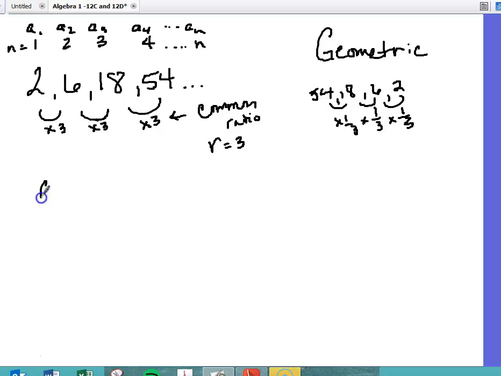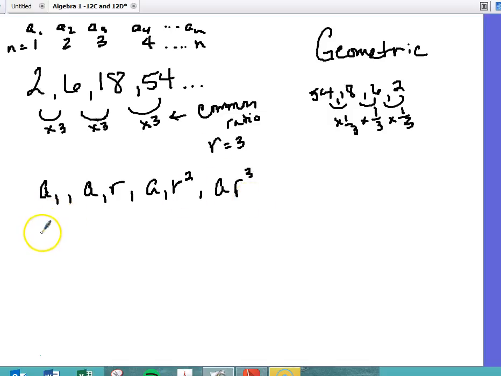Okay, so we would see the first term times 3. By that third term, I've multiplied it 2 times. By the fourth term, I've multiplied it 3 times.